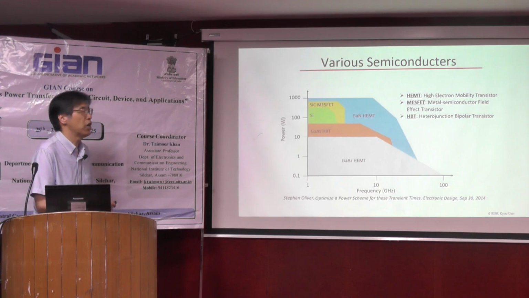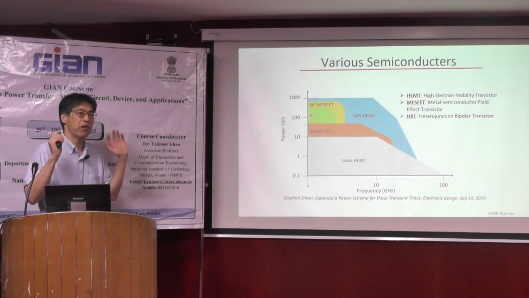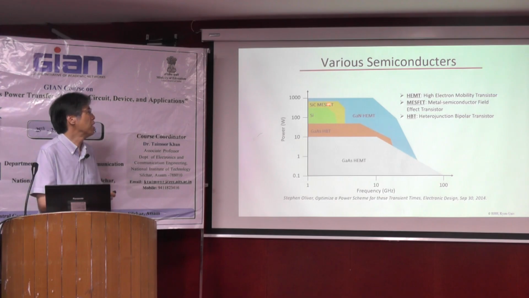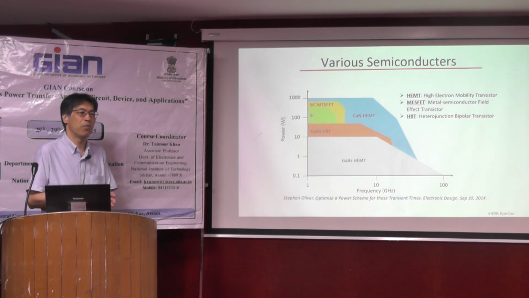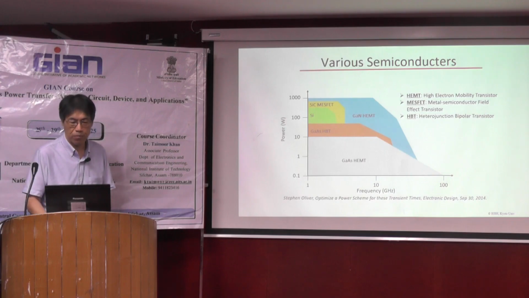But gallium nitride is expected for the microwave frequency. But we've already seen the history of the silicon. So in near future, if user requests, silicon carbide can be used in the microwave frequency, hopefully. But just now, we can use only gallium nitride in the microwave frequency.